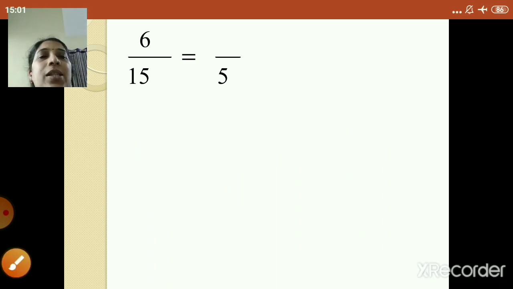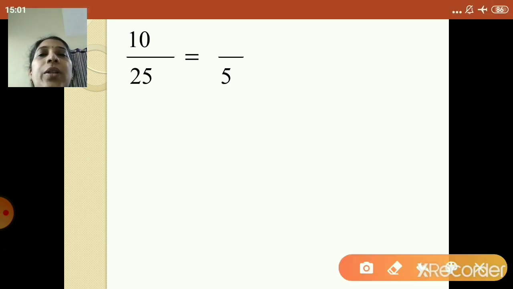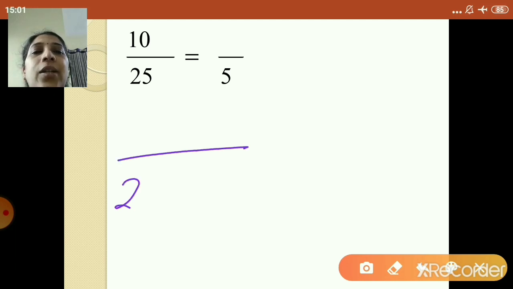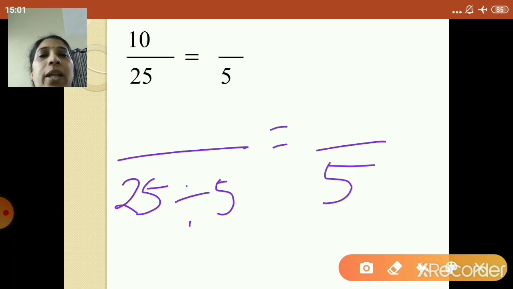Let's move to the next one. 10 upon 25 is equal to dash upon 5. Now again what you will do? You will divide 25 by 5. So what answer do you get? 5. So what I'll do? Write 25 divided by 5 is equal to 5, I get the answer as 5 as the denominator.